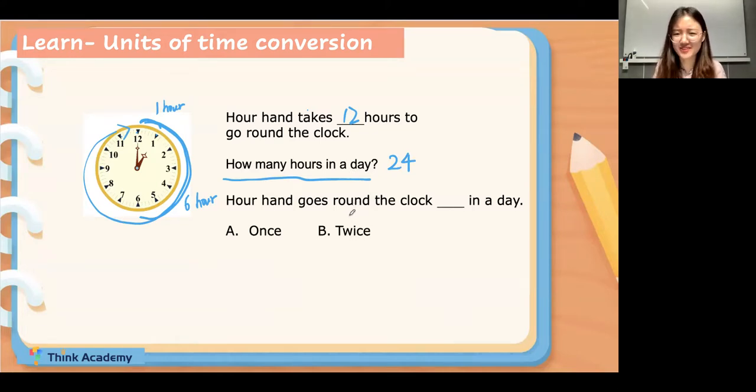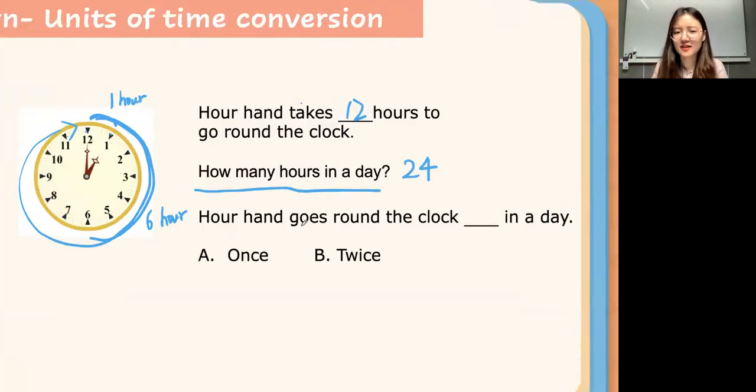I'm a little confused. I know that our hour hand will take 12 hours to go around the clock. And I know there are 24 hours in a day. Actually B, right? If the hour hand wants to go around for the whole day, there will be 24 hours.